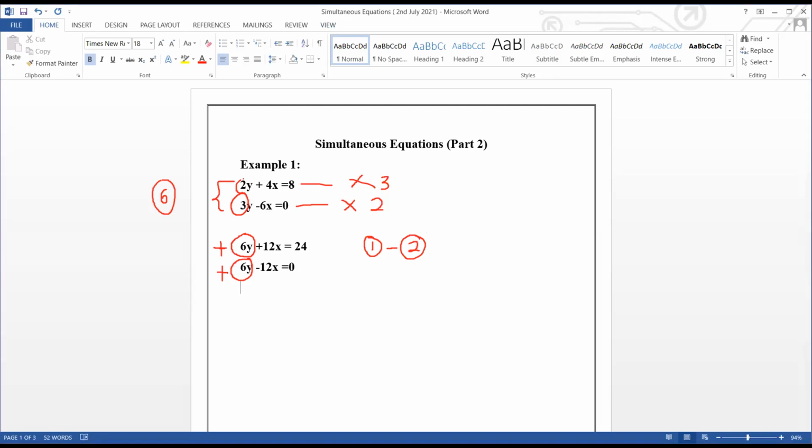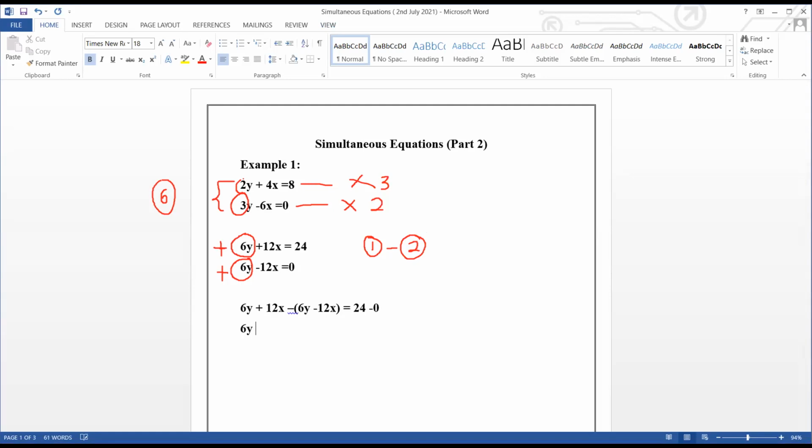Now look how I'm going to do it. Then I have 6y plus 12x. I have to subtract. I will put inside the bracket 6y minus 12x equals 24 minus 0. Right.